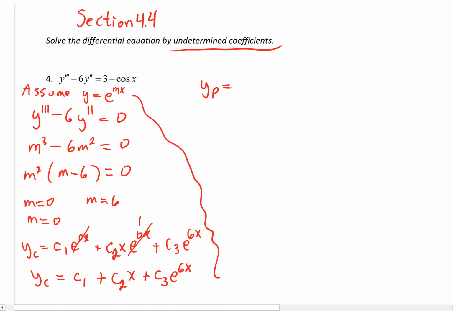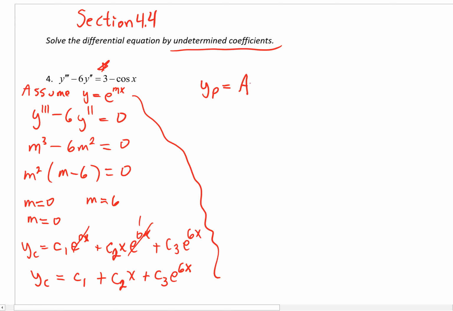And I put that chart up in our previous posting on a Google Classroom where you can pull that up. It was our first day of section 4.4. And we can assume that we've got a right-hand side here, like a 3. That's just a constant. You'd say, well, I'm going to assume that we've got an A showing up.